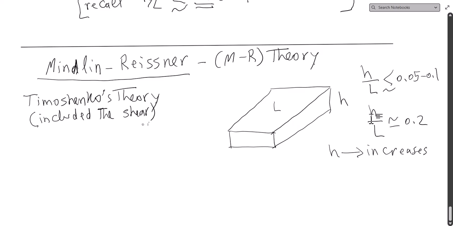But as the h increases, let's say you have a plate, maybe 2 meters by 1.5 meters, and then your h starts to increase. The plate becomes thicker and thicker.